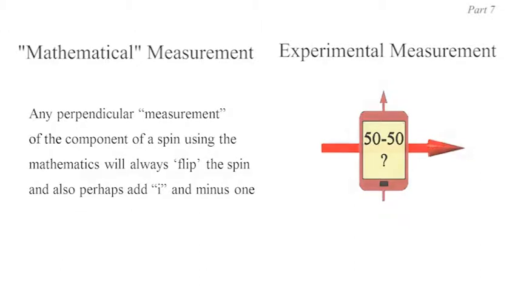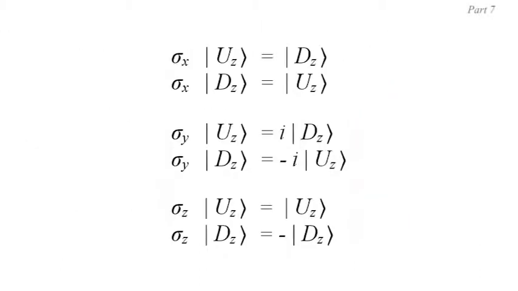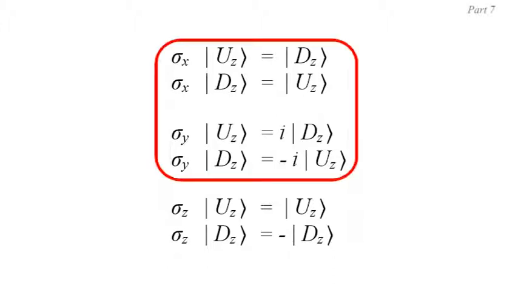Anyway, pulling together all the mathematics that we will need, in other words, the mathematics that relates to how the three sigma matrices affect the up and down states, the basis states, we can write all 6 equations as shown in this table. Sigma x and sigma y, acting on the up and down states, do not give a measurement.